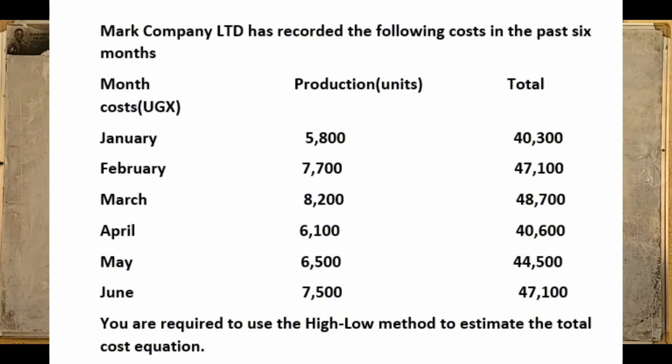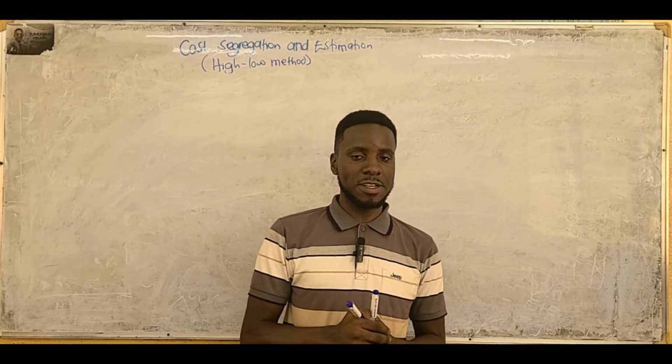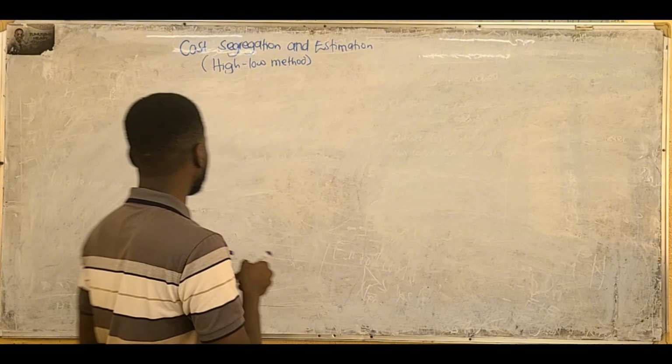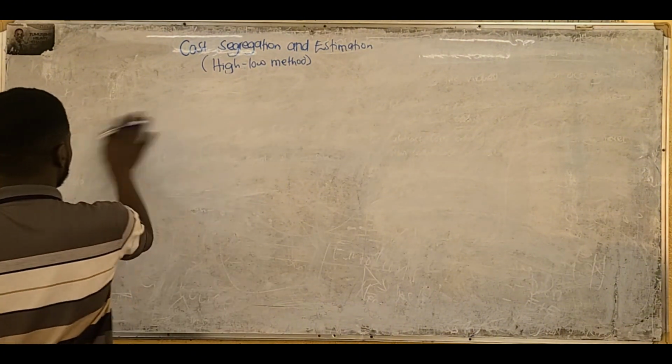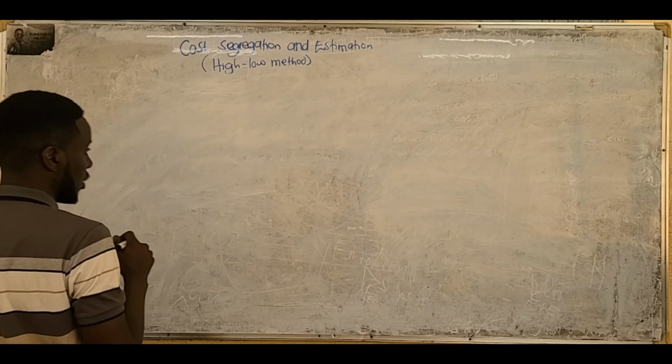47,100. Now, the question is saying you are required to use the high-low method to estimate the total cost equation. So that's the question that we are going to attempt, and I believe it's going to become very, very easy. From the question, we are going to establish the highest and the lowest.